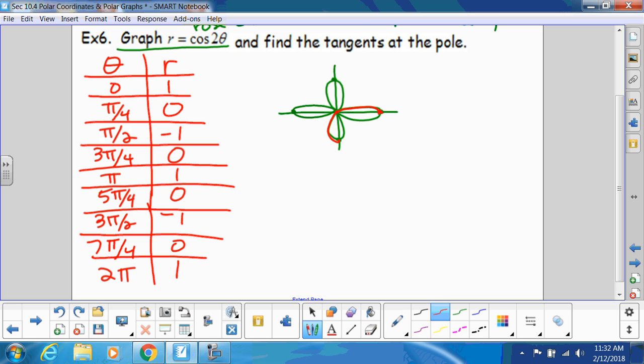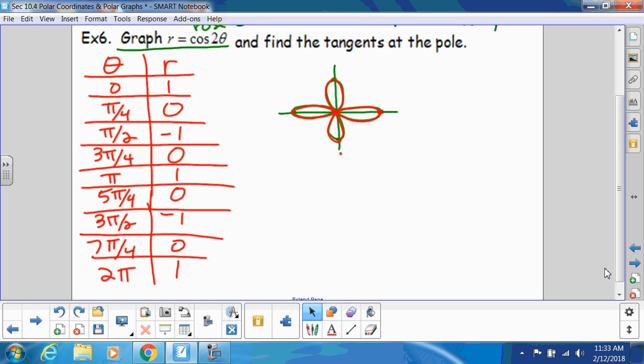Then 3 pi over 4 is 0, so I come back to 0 again, and at pi I'm at 1. 5 pi over 4 I'm back at 0, and then 3 pi over 2 I'm at negative 1, which is down here. And that's how it's traced out.